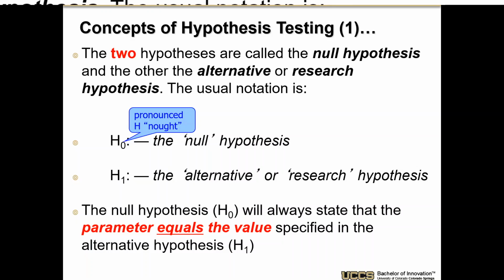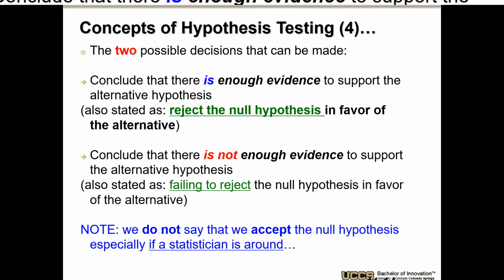But going back to the two decisions, I can reject the null hypothesis, or I can conclude there's not enough evidence. Note, we do not say that we accept the null hypothesis, especially if there's a statistician around. We never accept the null hypothesis. We fail to reject the null hypothesis. And this is the other place that people dealing with statistics get themselves in trouble.